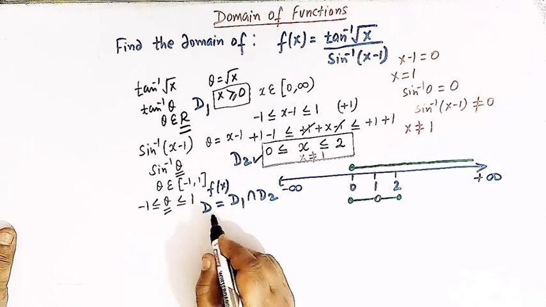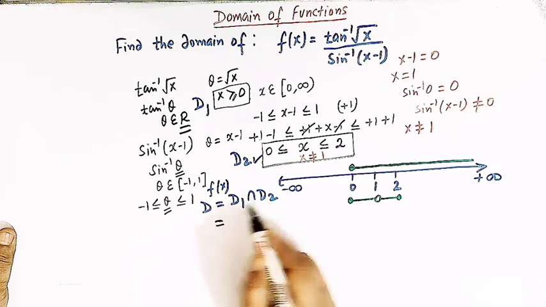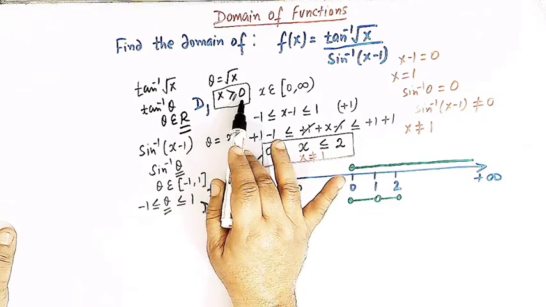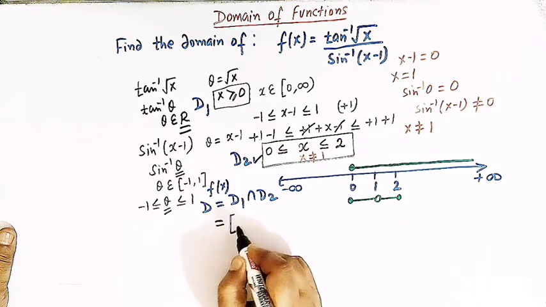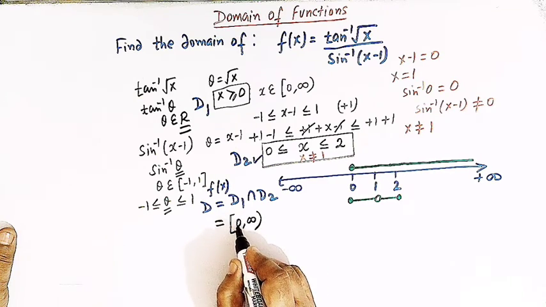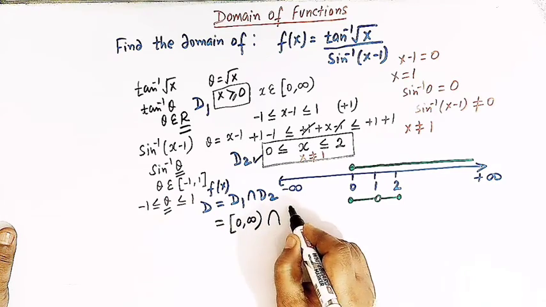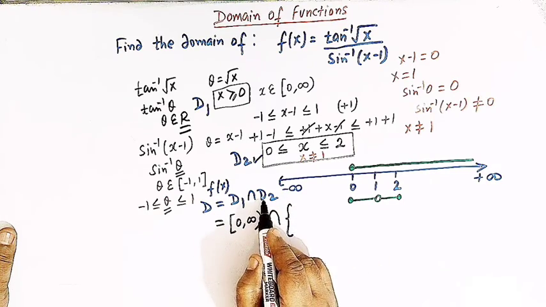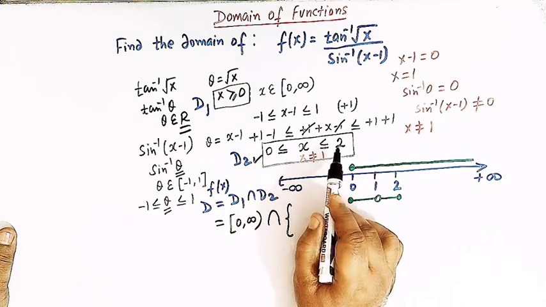So now the domain D is given by D1 intersection D2. So D1 is x greater than or equal to 0. It means D1 is given by this interval, that is 0 to infinity. So here 0 is included, right? And then we have the intersection, and then we have D2. So D2 is from 0 to 2.